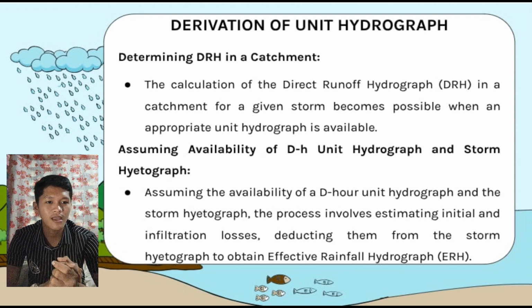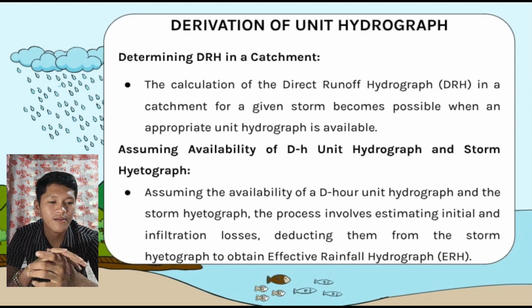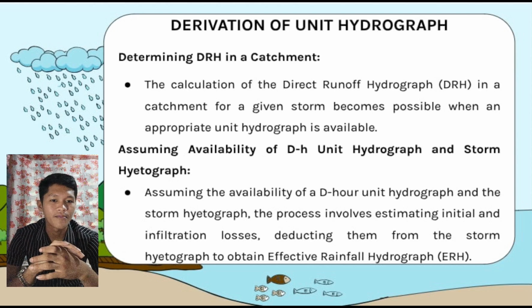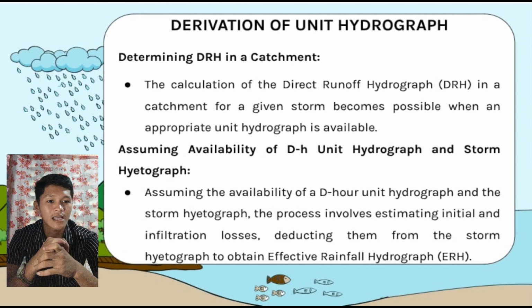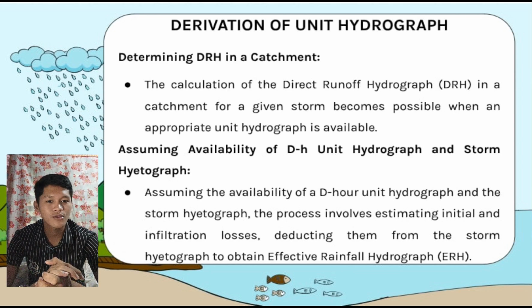So take note guys, a hyetograph and a hydrograph are different. Assuming the availability of a DRH, a unit hydrograph, and the storm hyetograph, the process involves estimating initial and infiltration losses, deducting them from the storm hyetograph to obtain the effective rainfall hyetograph.